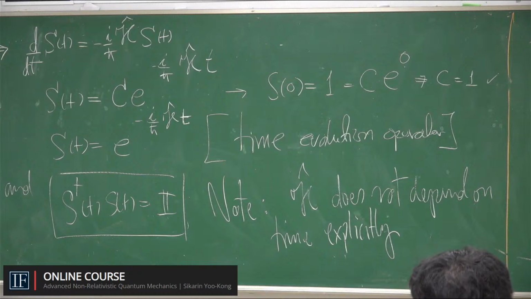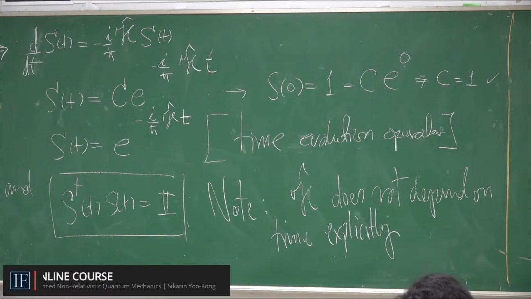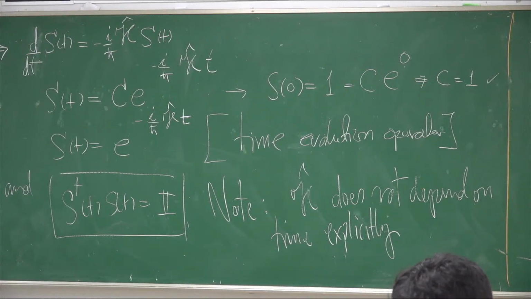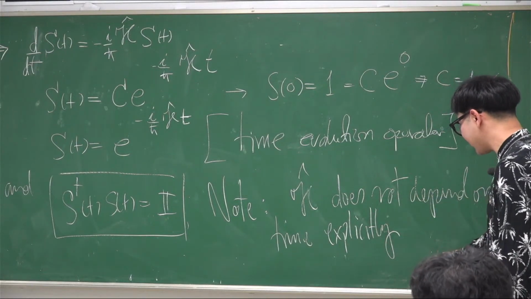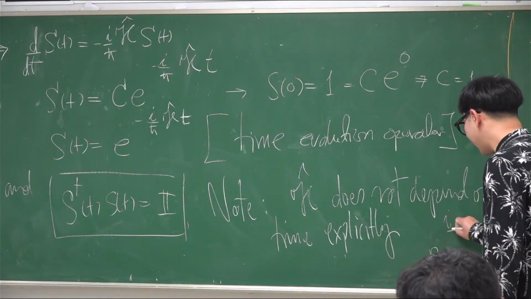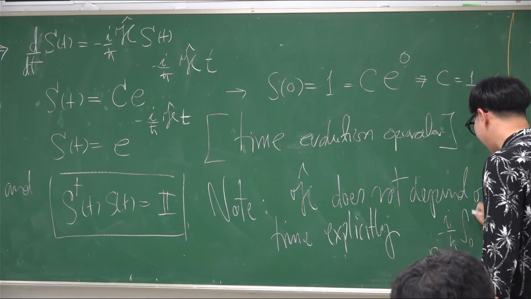Your Hamiltonian does not depend on time explicitly, but if it depends on time explicitly, you're going to get something else. Do you know what it looks like? Yes, if your Hamiltonian depends on time, what you're going to get is kind of an integration.